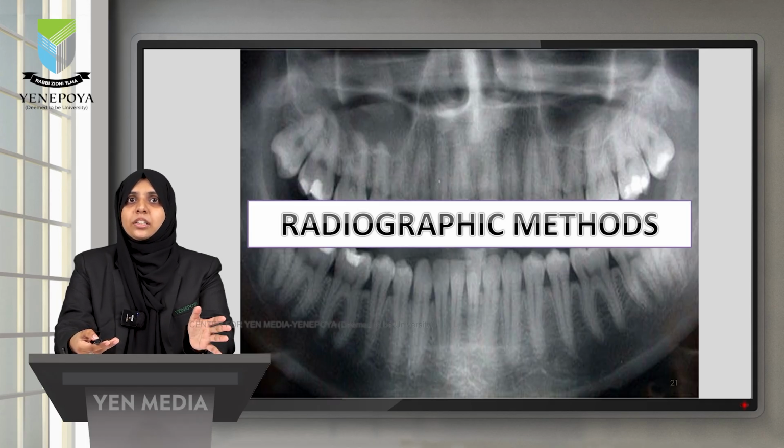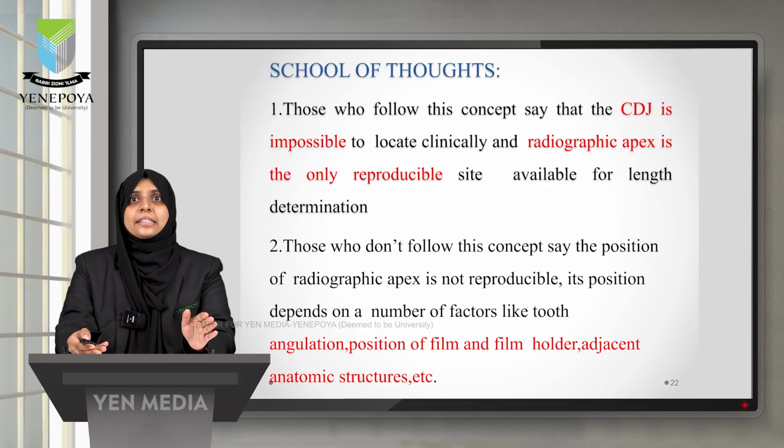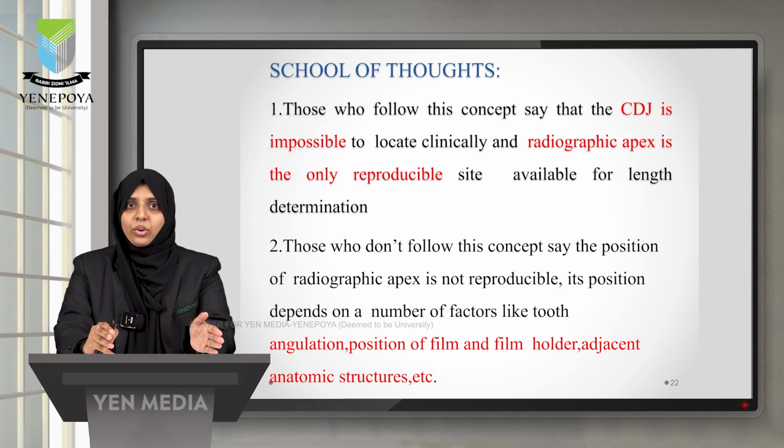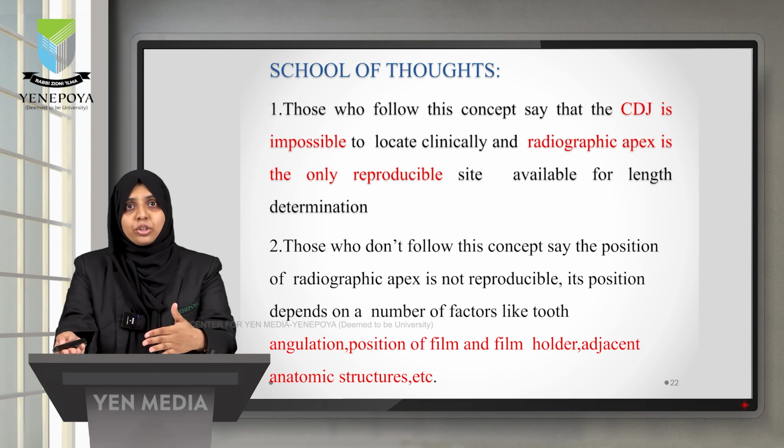Initially, in the earlier days of the radiographic method, the radiographic apex was used as a termination point. But as there was an advance, there were two schools of thought. One school of thought said that the CDJ, or the cemento-dentinal junction, is impossible to locate clinically, so the radiographic apex was the only reproducible site, and it is used for working length determination.